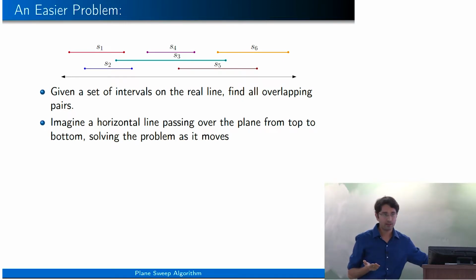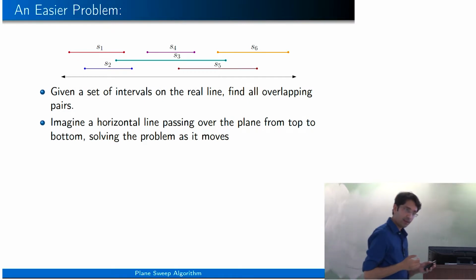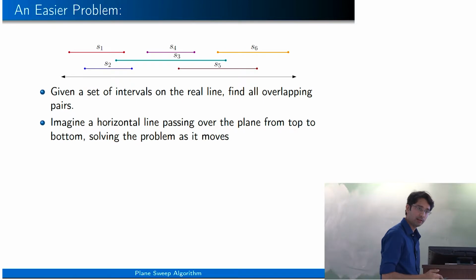right? So I have to first calculate at certain points while scanning from left to right, and I will stop at certain points, recalculate the information and move ahead. It is like setting up an alarm. I am moving along a real line continuously, and I am setting up an alarm that I have to stop at x1.